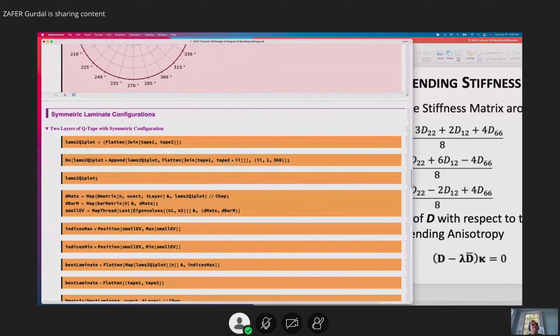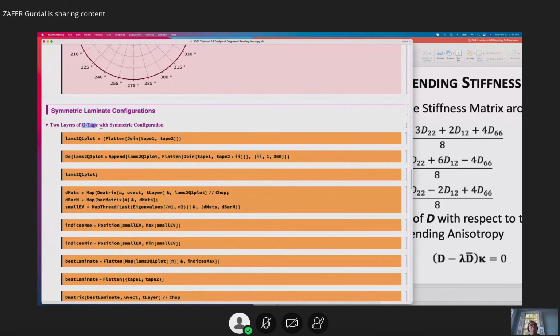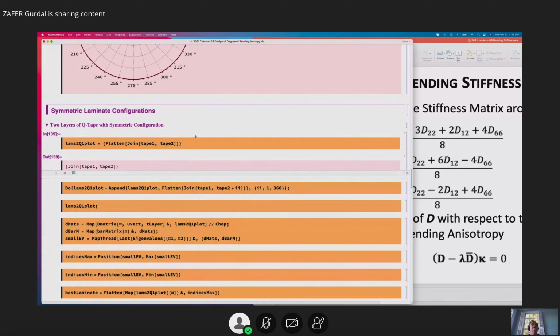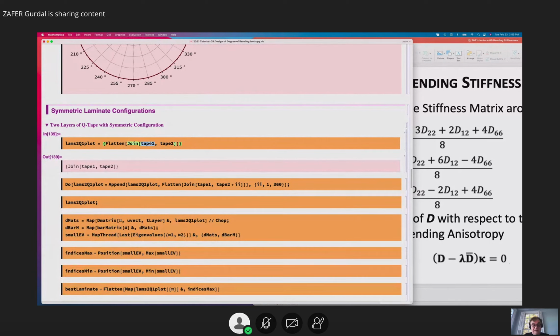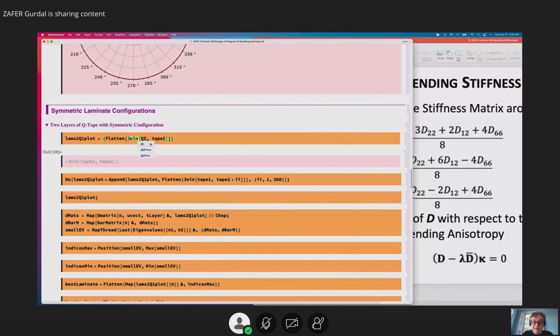So now I'm going to take 2 layers of what I call Q tape, and I'm joining them and flattening them. This is what I did by creating tape 1, tape 2 now. QI plus, QI minus.